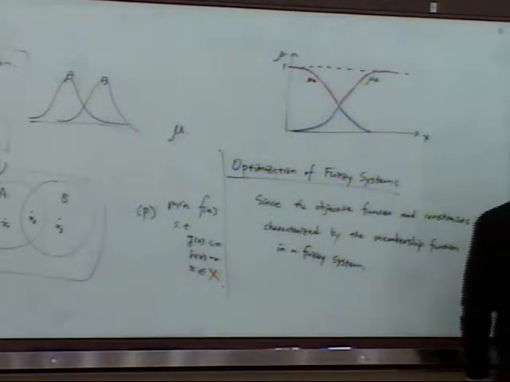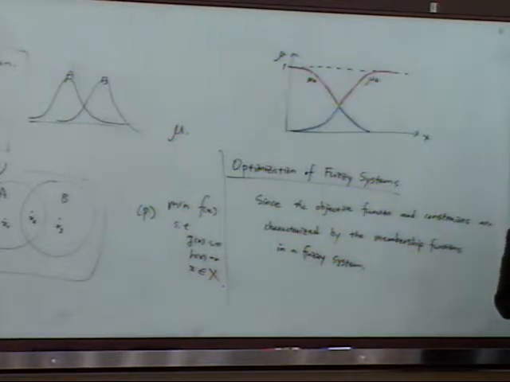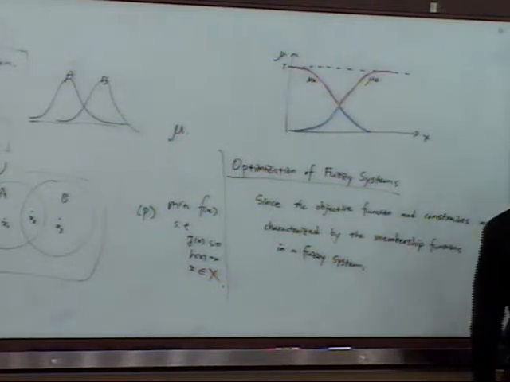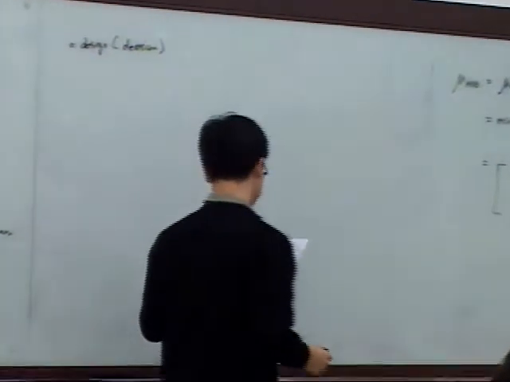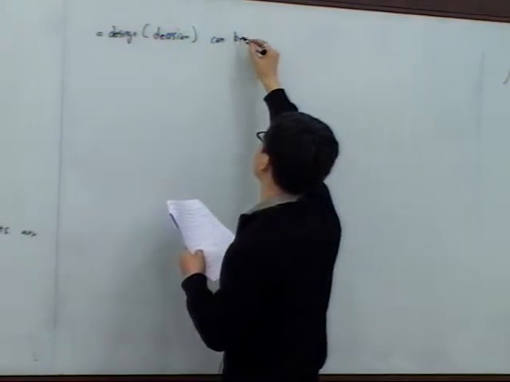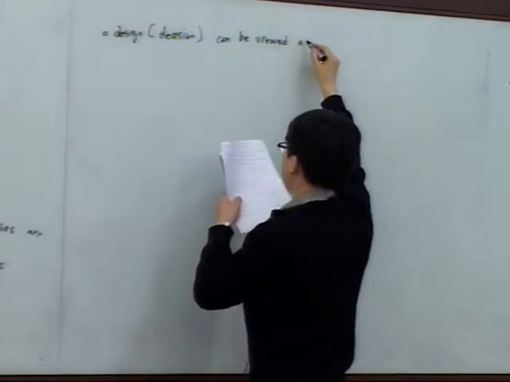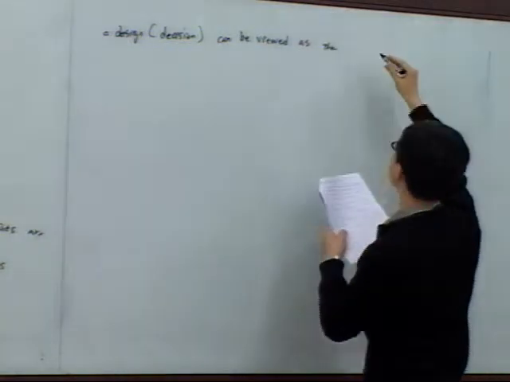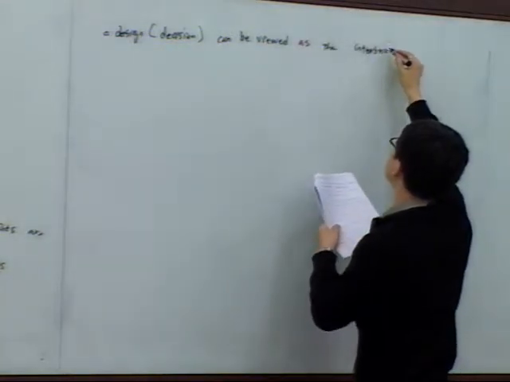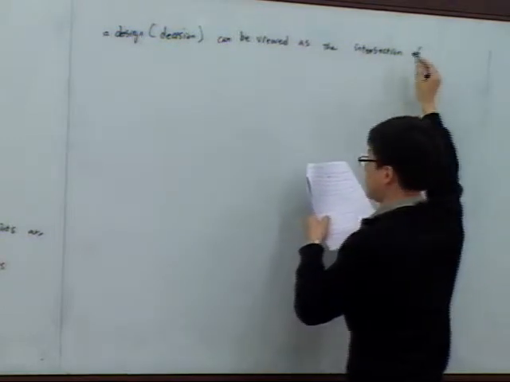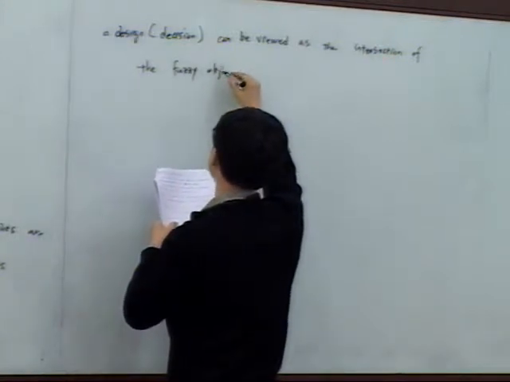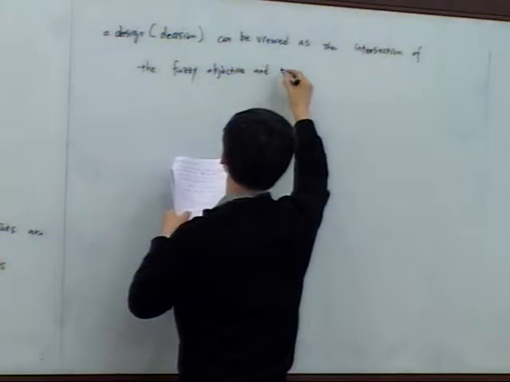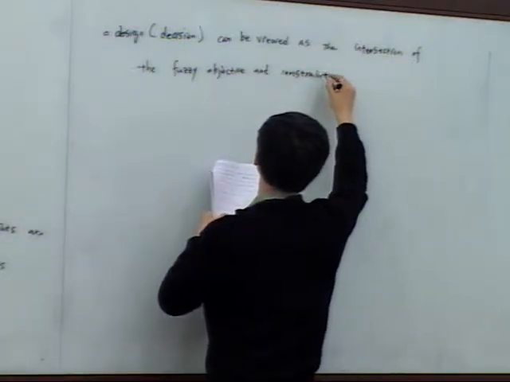Or since these fuzzy systems are heavily used in control systems or decision making, a decision can be viewed as the intersection of the fuzzy objective and constraint functions.